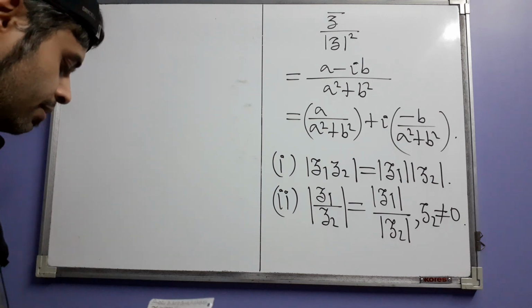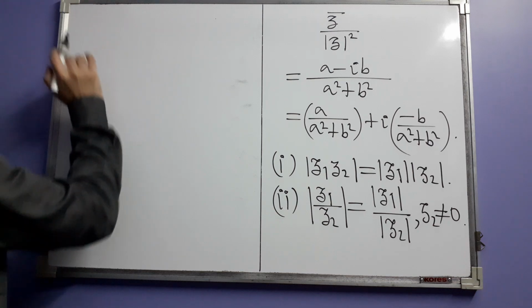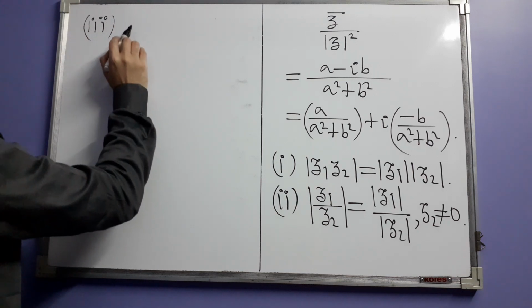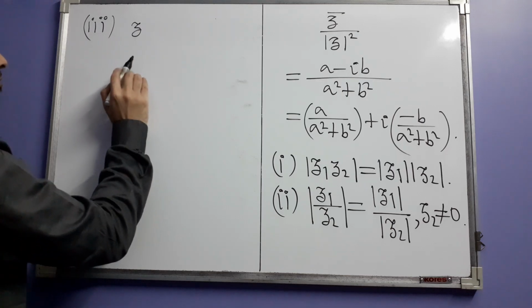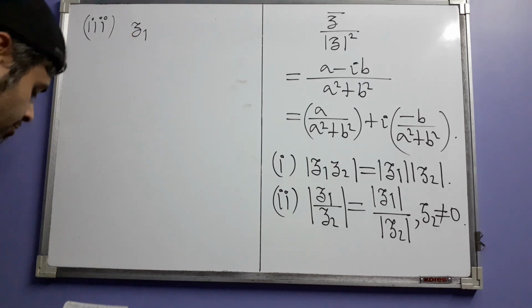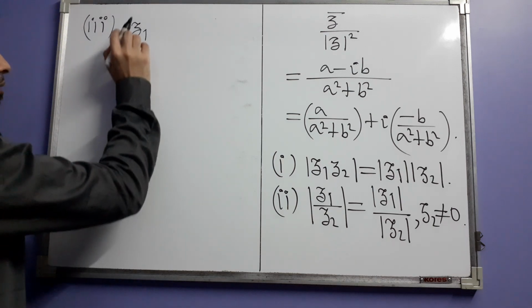Then there are these involving the complex conjugate. I don't know if I should, well, it's actually not given in the book, but let me just mention it anyway.